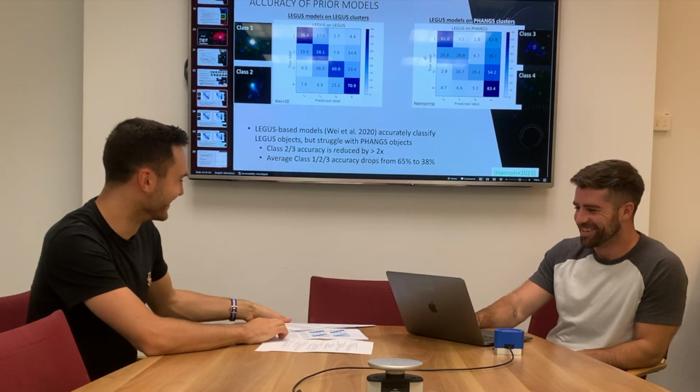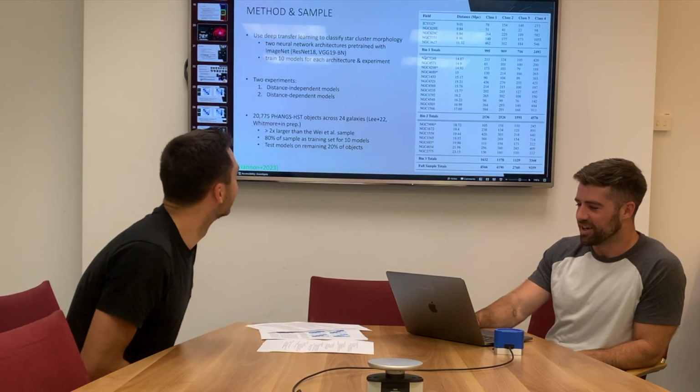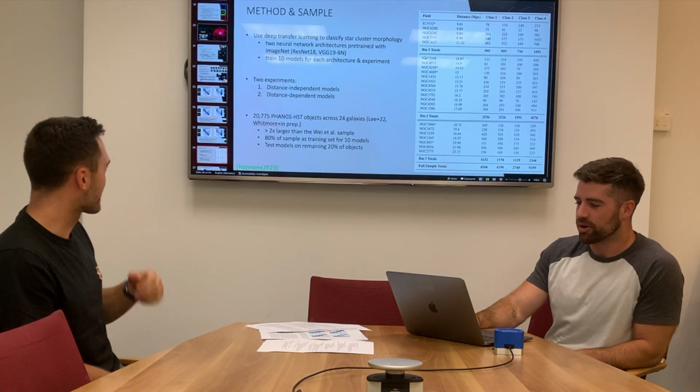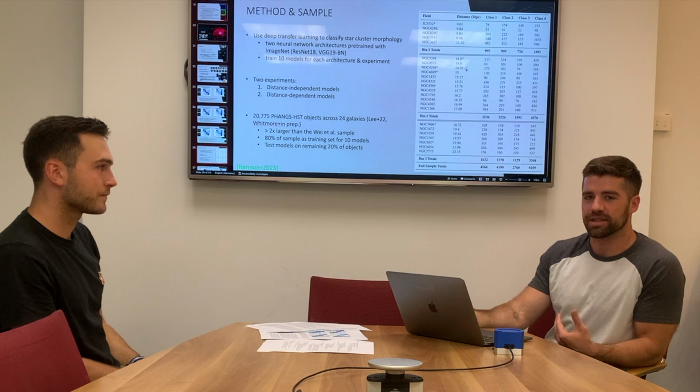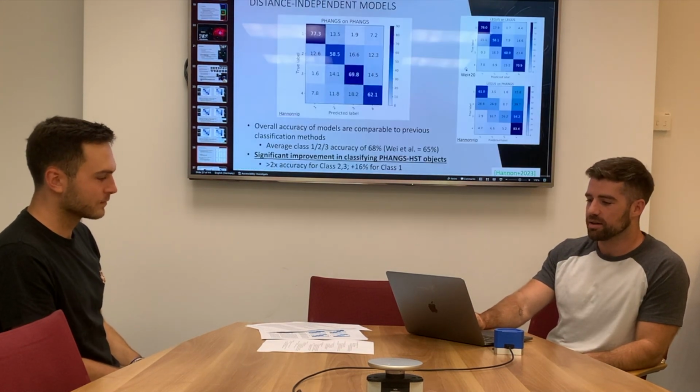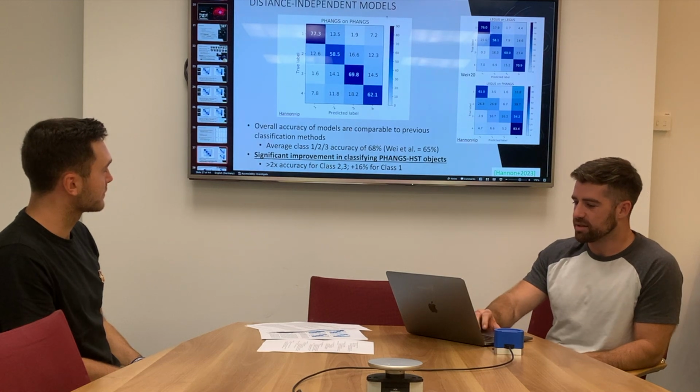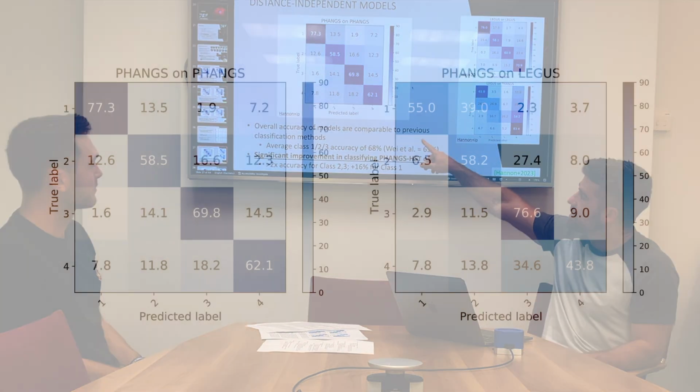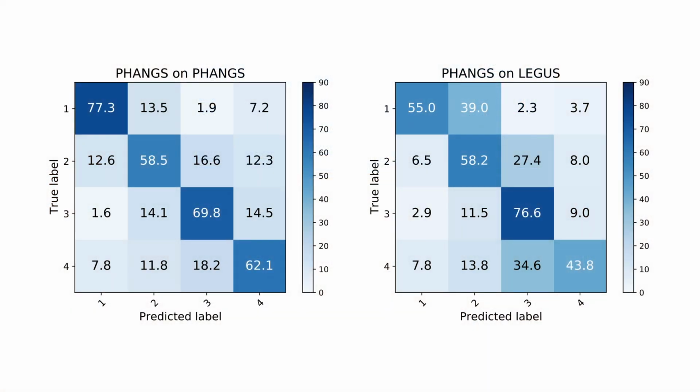Yeah, absolutely. So instead, we made our own models, again, based on 21,000 objects that Brad had classified. And these are our results right here. And generally, we're seeing, again, between 60 and close to 80% accuracy for our models.